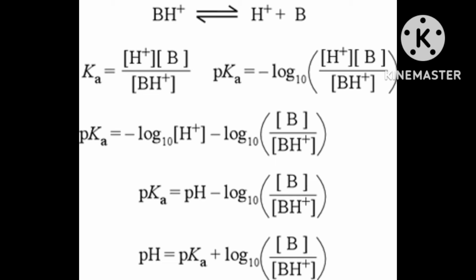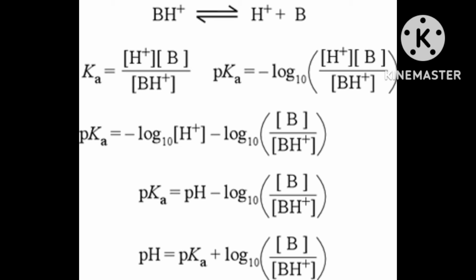Same result you will get: pOH is equal to pKb plus log molar concentration of conjugate acid divided by base. What you got earlier was the reverse way, that was for acid. Salt was up, that means anion was there. In the first case, anion was there, meaning it was the conjugate base, anion.